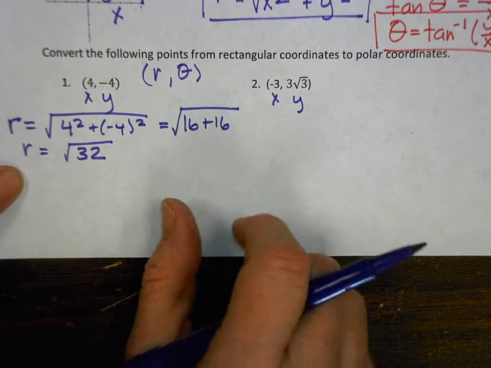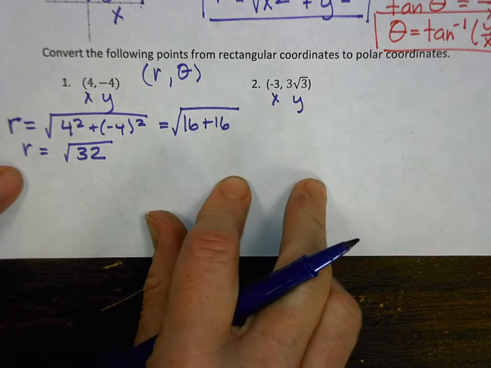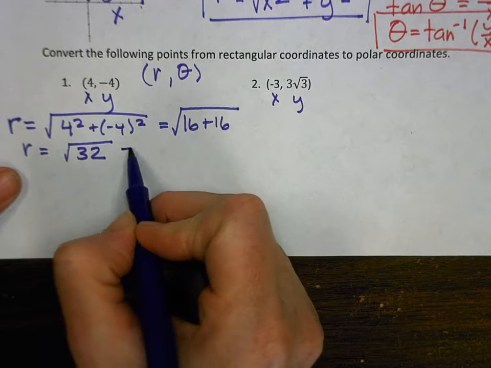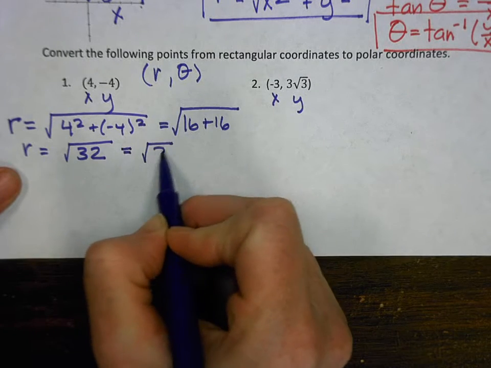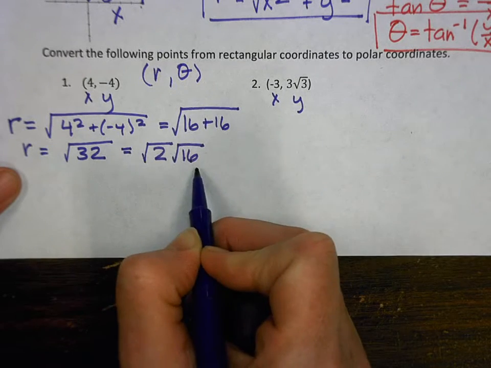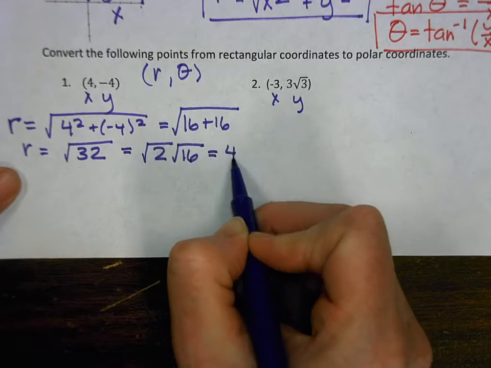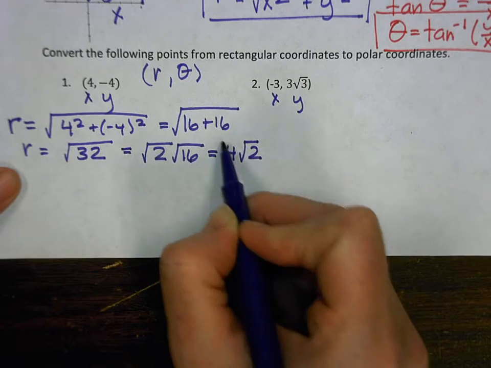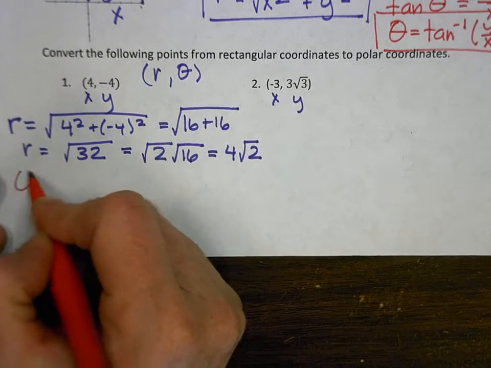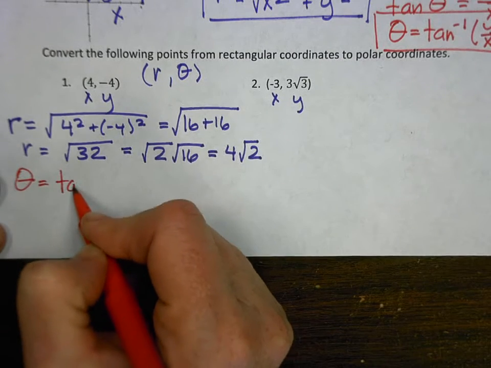So I want to think about the largest factor that is also a perfect square. Things like 1, 4, 9, 16, 25, 36. Well, the largest one I can think of is 16. So r equals radical 2 times radical 16. I can solve that radical 16, so this becomes 4 radical 2. So that's my r value.